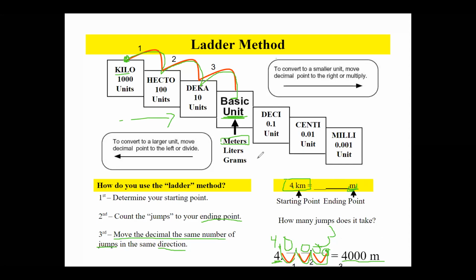Again, we started with our 4 kilometers, took our decimal place 1, 2, 3 jumps to the right, filled in those empty spaces with zeros, and determined that 4 kilometers is equal to 4,000 meters.